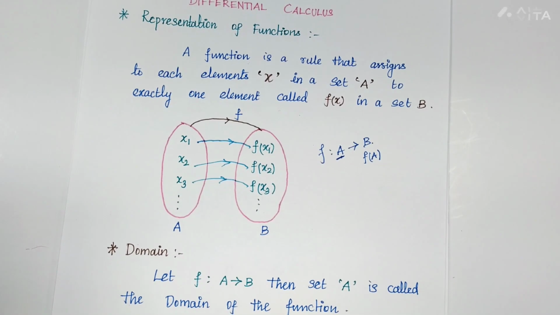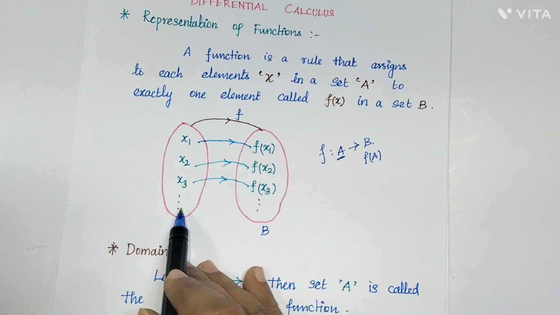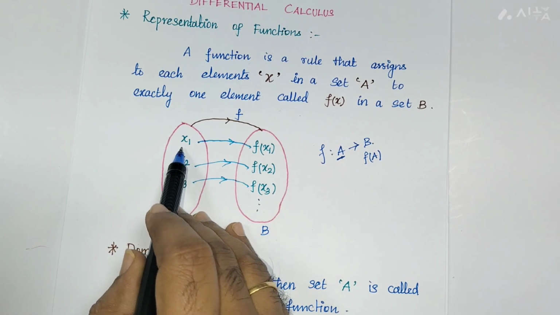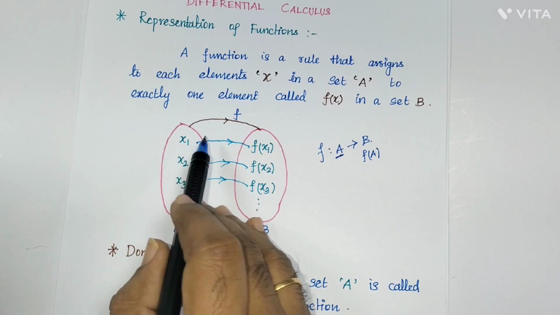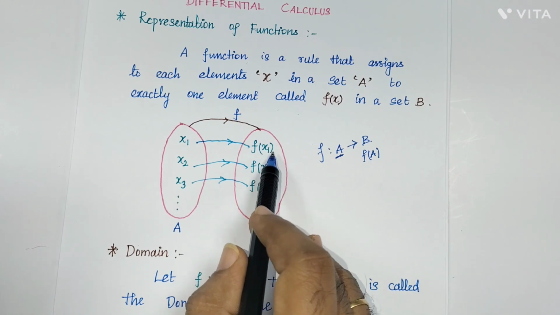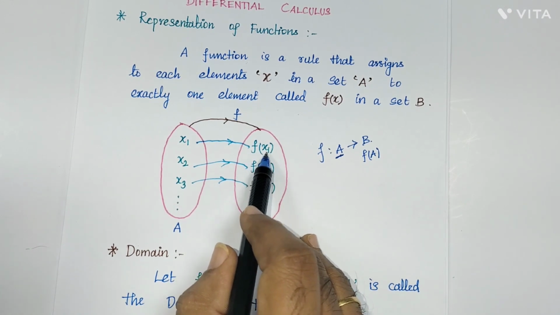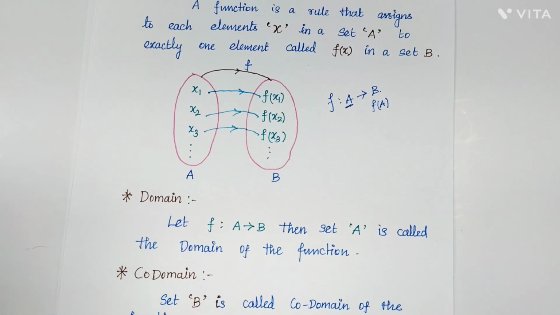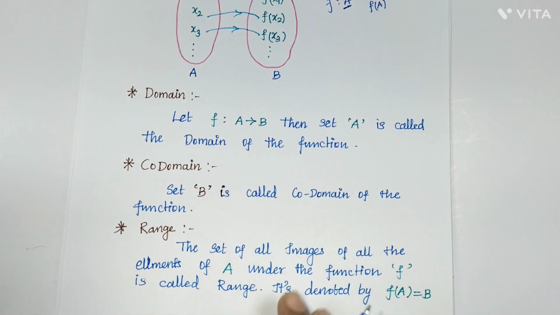In this video, once again I will recall, we saw only the domain based on the function. A is the domain, B is the codomain. Here I took one element from A. This element gives an image in set B, that is the function of x, written as x comma f of x.